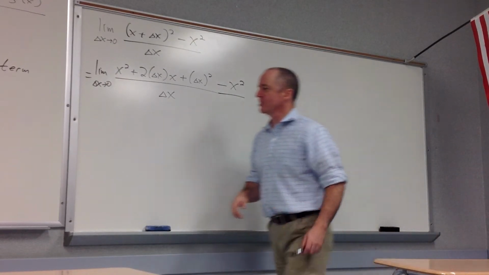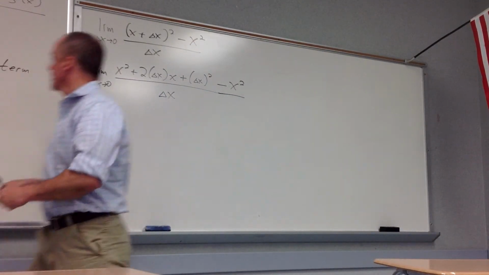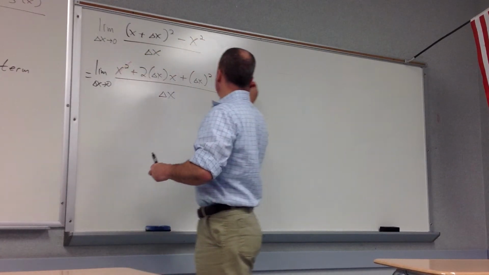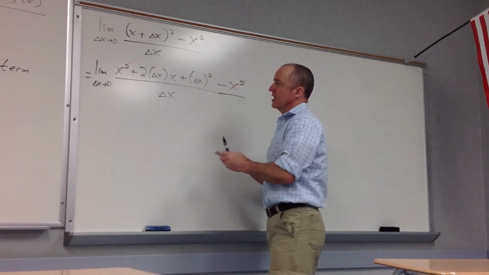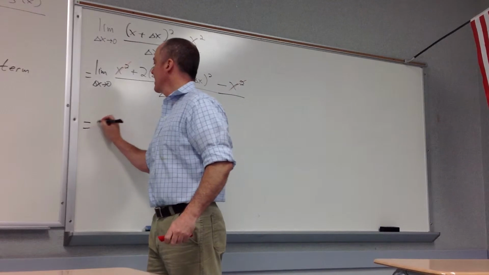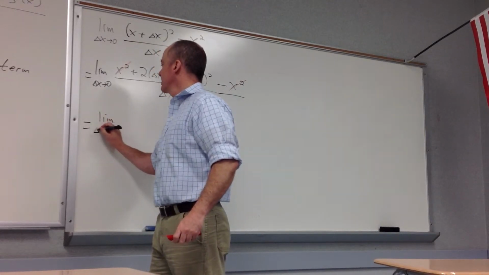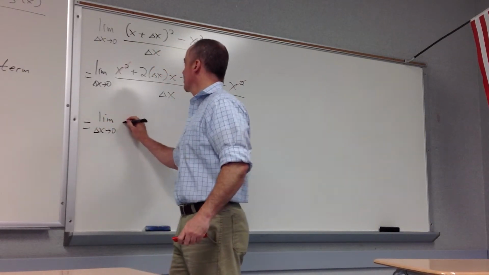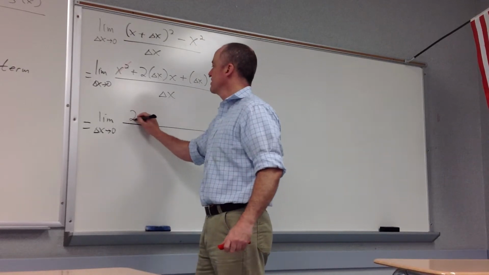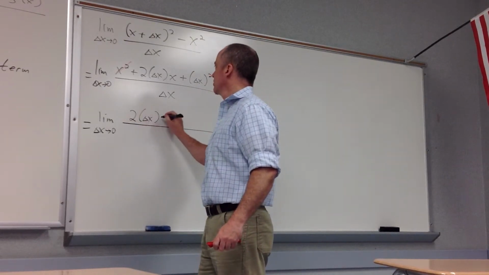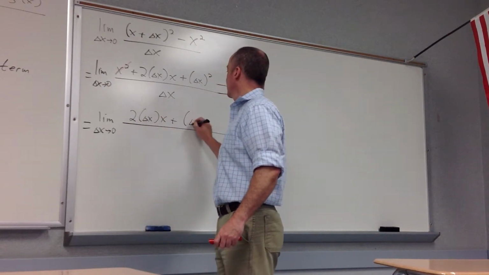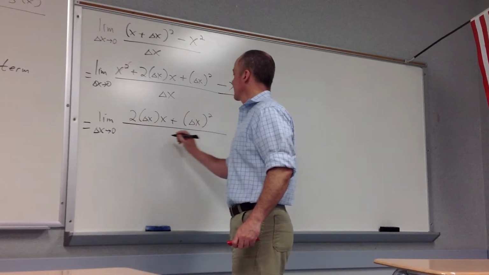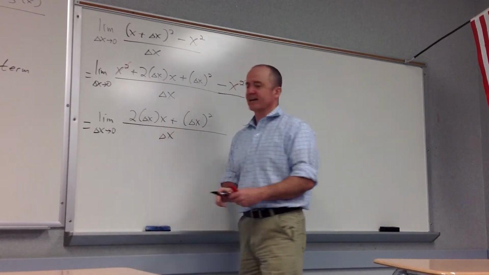But now, like Diego said, the x squareds cancel out. And I have the limit as delta x approaches 0 of 2 delta x times x plus delta x squared over delta x.